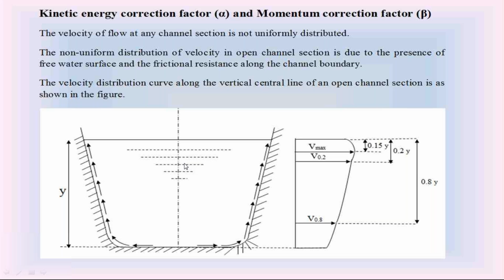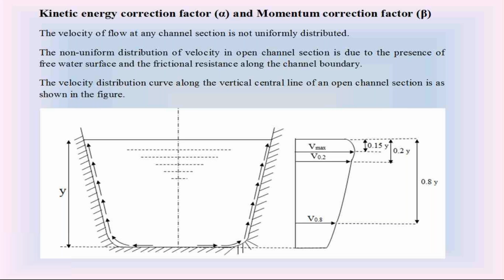But the question is, in this open channel we are using the mean velocity, not the actual velocity. Here we don't know the actual velocity of flowing water, because the velocity of flowing water is non-uniform.